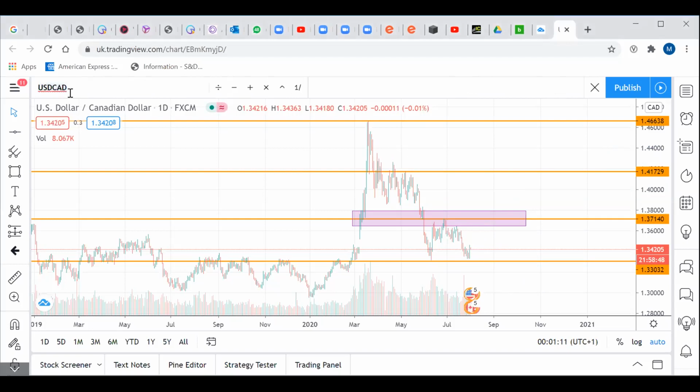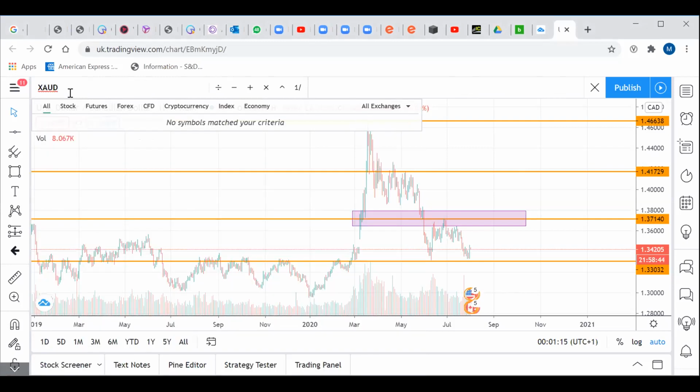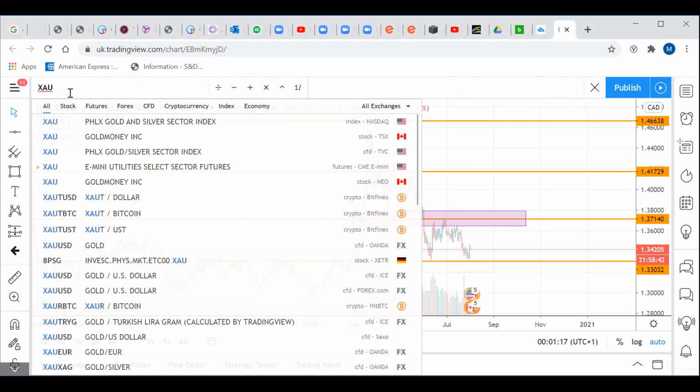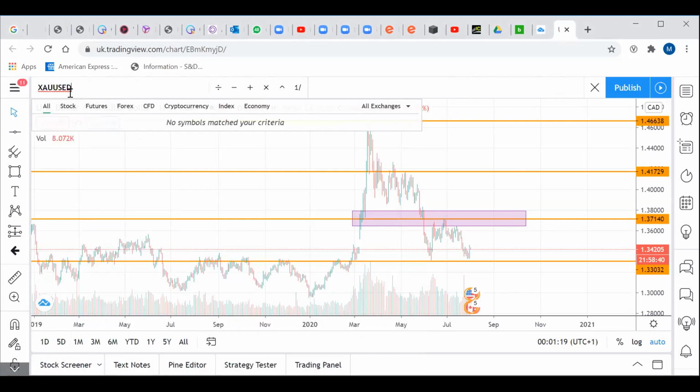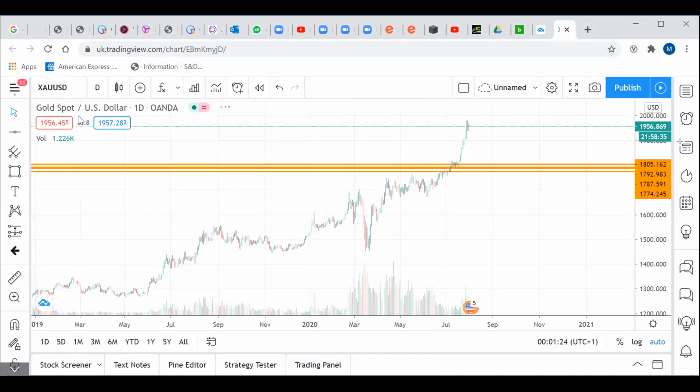For example, gold. Gold is a pair that really follows support and resistance. In fact, most people, when they trade gold, trade using zones.